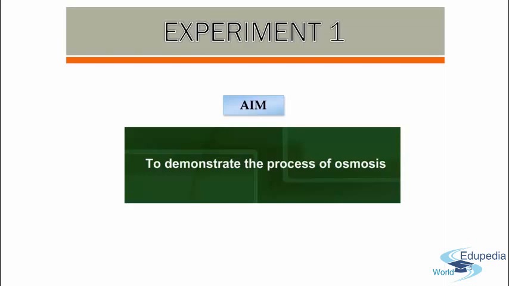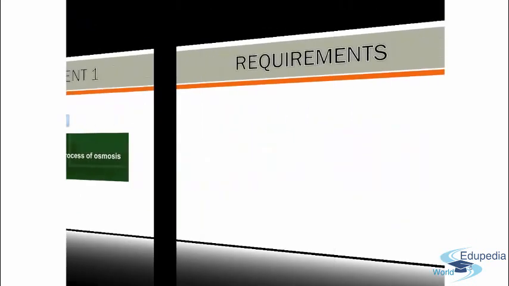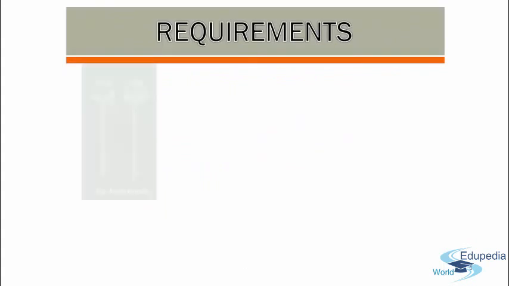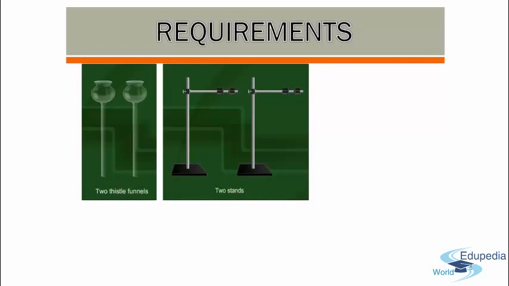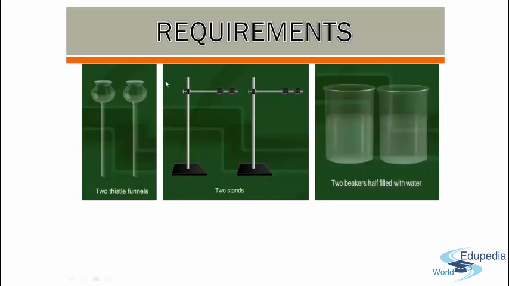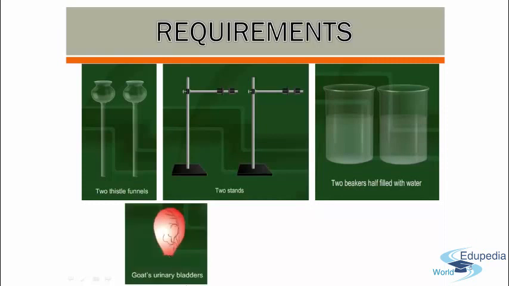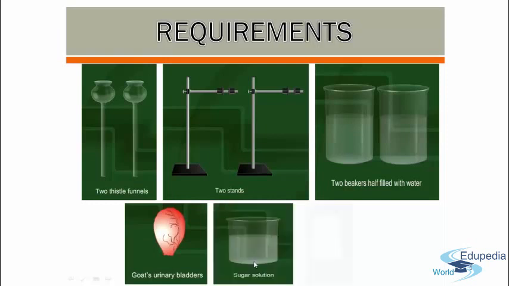This is the aim of the experiment, and the requirements are two thistle funnels, two stands, two beakers half filled with water, goat's urinary bladders, or you can also take egg membrane, sugar solution and thread.